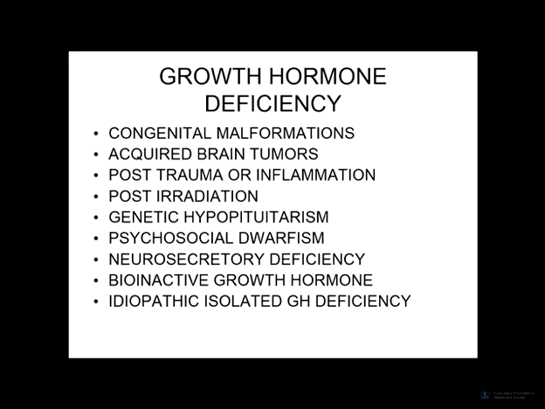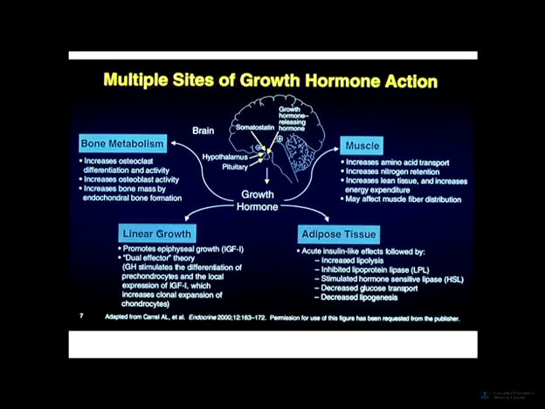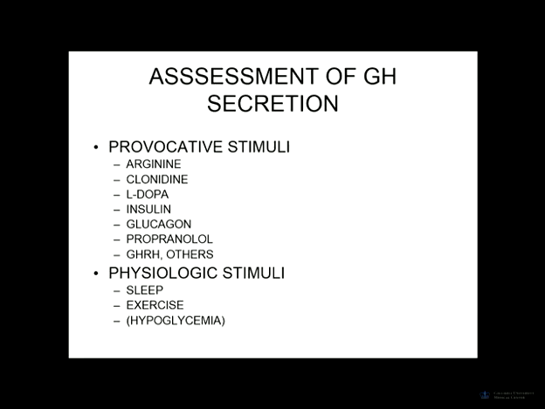There's bioinactive growth hormone, and then there is idiopathic isolated growth hormone deficiency. Growth hormone has many sites of action: muscle, adipose tissue, linear growth, and bone metabolism. You can look at this slide and read all of the bullets. I'm going to move forward to how we assess growth hormone secretion.